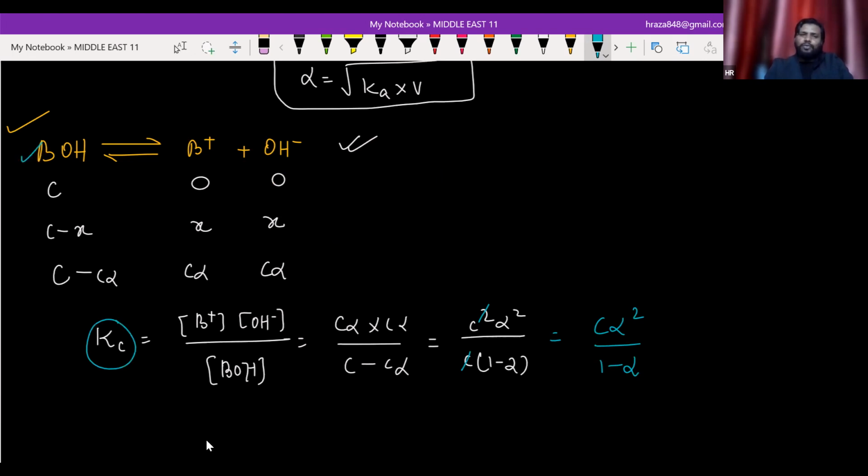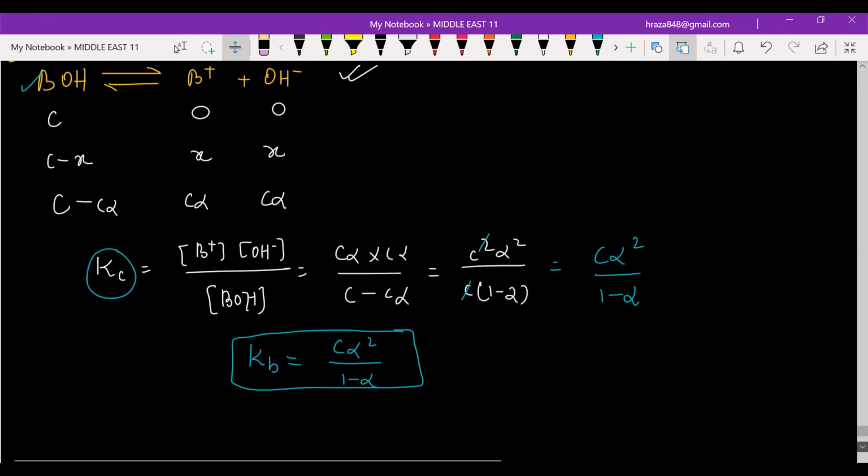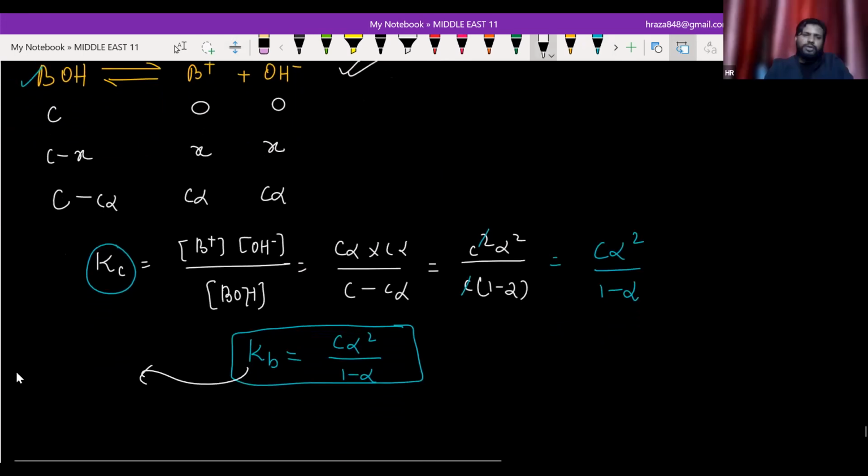Since it is a base, we are going to replace it with Kb. Kb equals C alpha square upon 1 minus alpha. Write with me, it is the same as the acidic case. Now you will see this Kb is the dissociation constant for base.